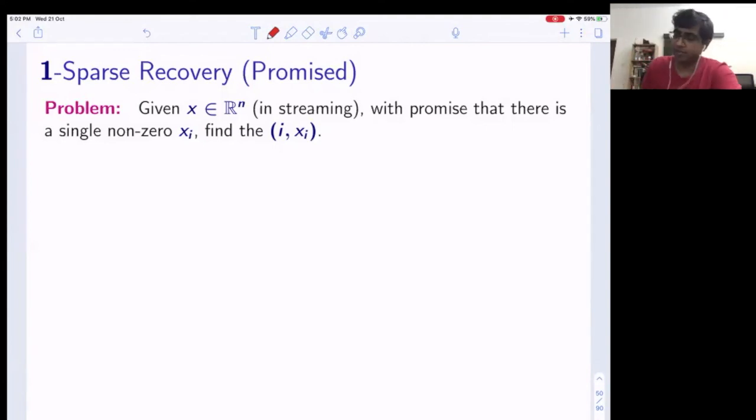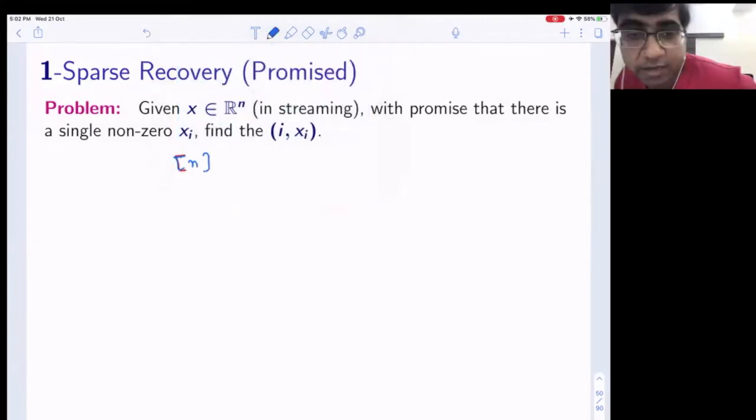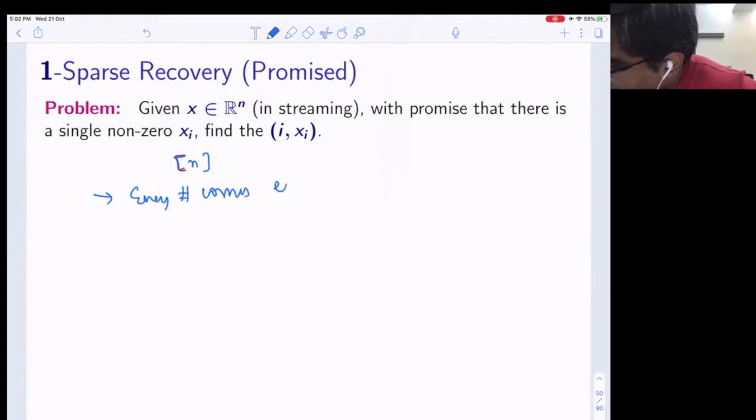Okay, so let's ask a slightly different puzzle. I told you that the numbers are coming from the range 1 to n, and every number comes exactly once, except one.